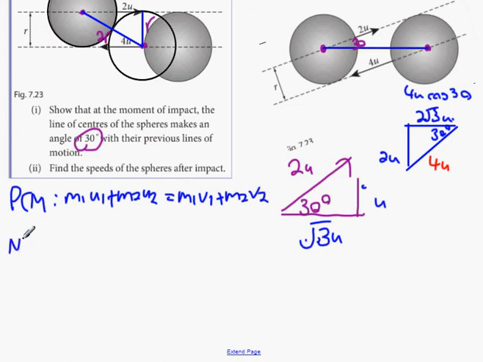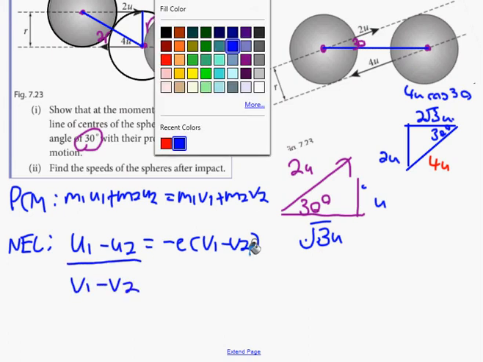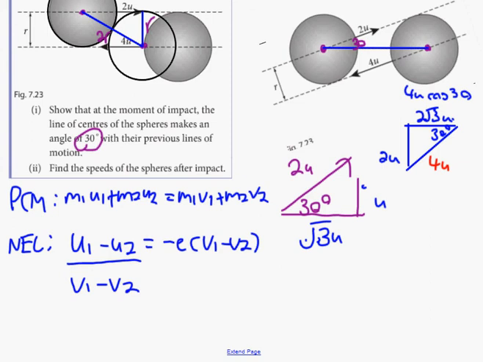The second one is NEL, Newton's experimental law: u1 minus u2 equals minus e into v1 minus v2, and you can turn that into v1 minus v2 equals e times u1 minus u2. There's your two equations.